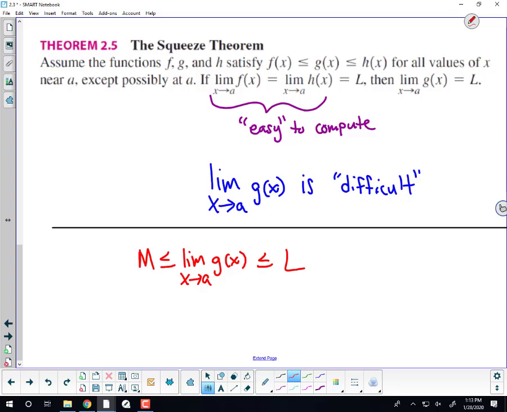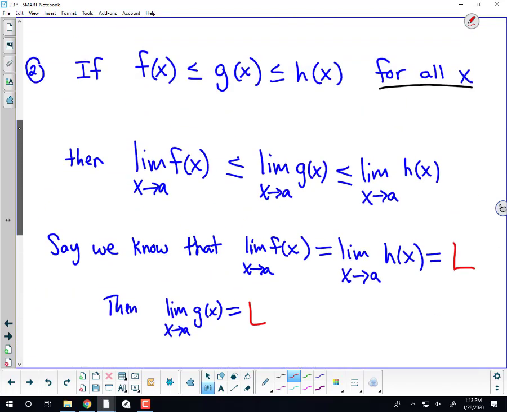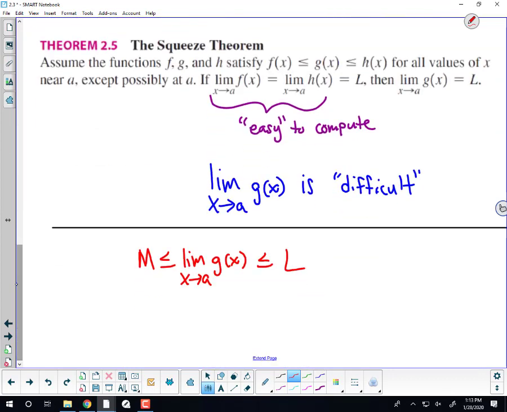You're just giving me a window where the limit could be. So if this happens when you're using this theorem, you throw it away because it doesn't tell you anything. So we would just use another method.